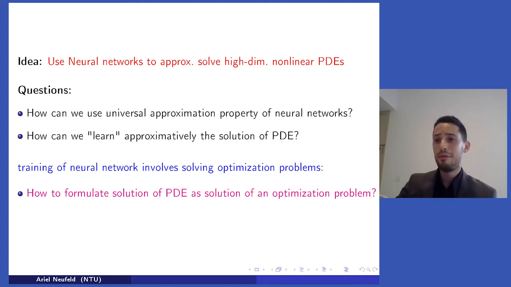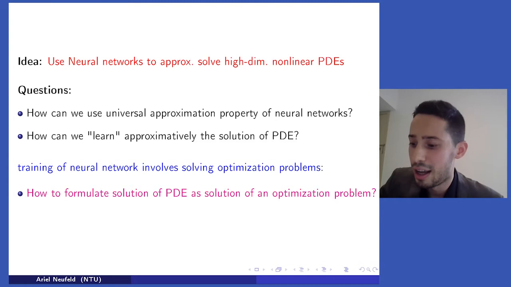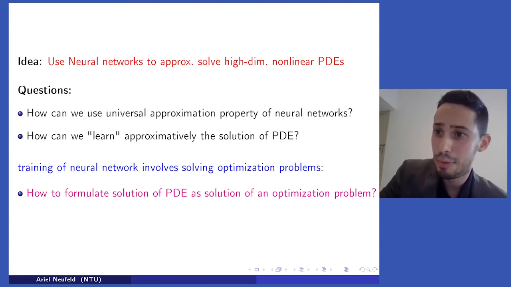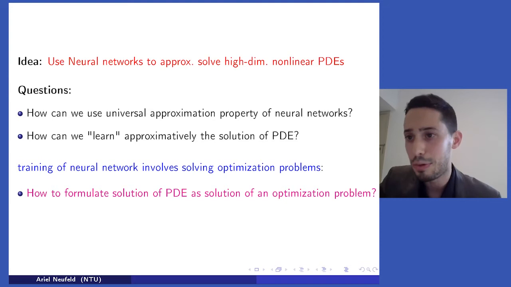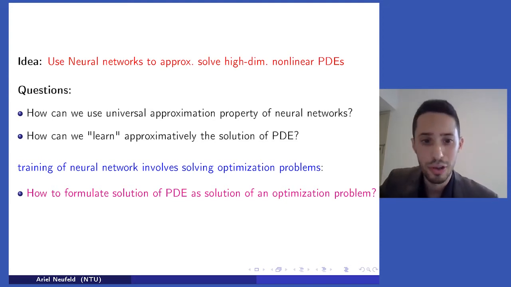If you remember, for those who have already used neural networks from a practical point of view, using, let's say, TensorFlow or PyTorch, what you typically do is train your neural network. Training actually means, from a mathematical point of view, applying an optimization problem to find optimal parameters of your neural network.